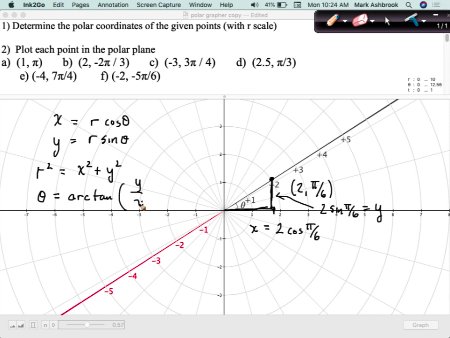But just remember that the range for arctangent is negative pi over 2 to pi over 2. It only gives the angle measure from straight down at negative pi over 2 up to straight up at pi over 2. So if the angle you're trying to solve for is somewhere else, then you have to adjust the answer you get from arctan.